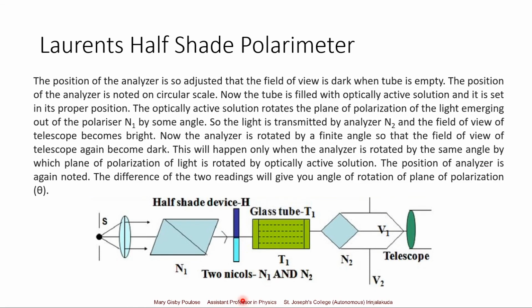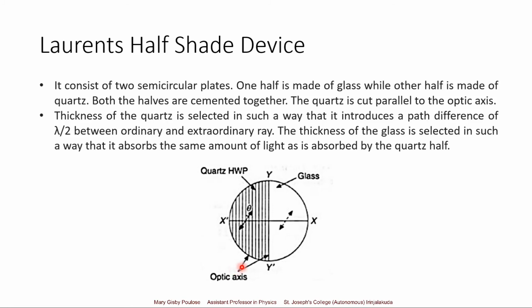In this apparatus, we have made use of a half-shade device. Let us see that in detail. The Laurent's half-shade device consists of two semicircular plates. One half is made of glass, while the other half is made of quartz, and both are joined together. Now the quartz is cut such that it is along the optic axis.